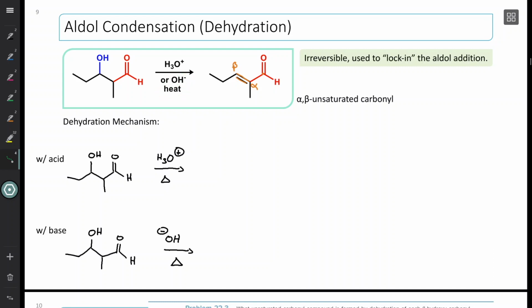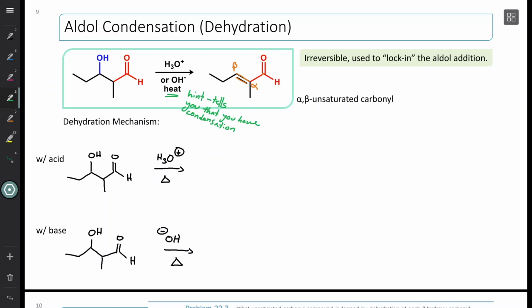So heat is that hint that tells you that we're going to a condensation. If you don't see the heat, then you're probably stopping at the aldol addition product.